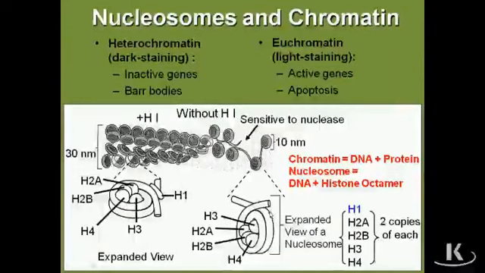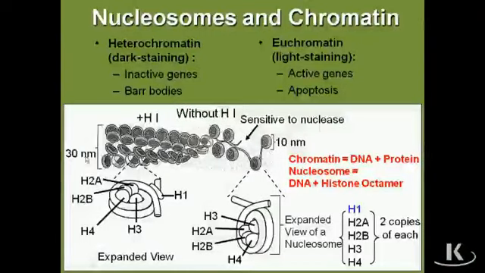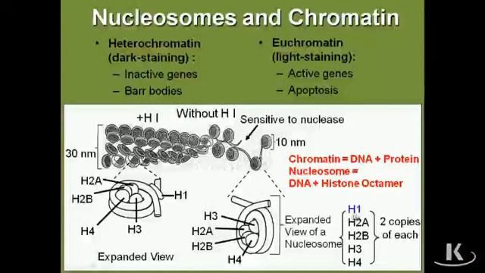If enough 10 nanometer particles come together, they can form a regular arrangement, which is called the 30 nanometer particle, shown over here. What I want you to appreciate from this is that the 30 nanometer particle is much more tightly associated than the 10 nanometer particle. And there's one other histone that we have to discuss that actually helps hold the DNA into the 30 nanometer particle. And you guessed it, that's the one shown here in blue.